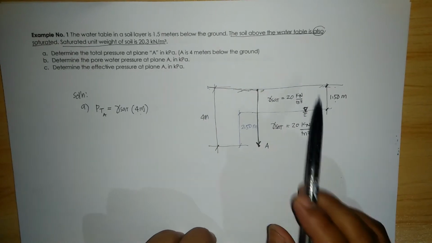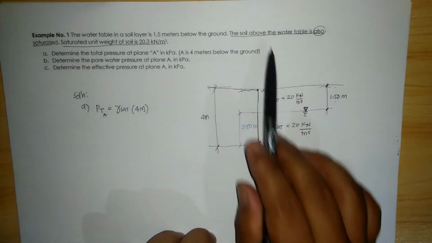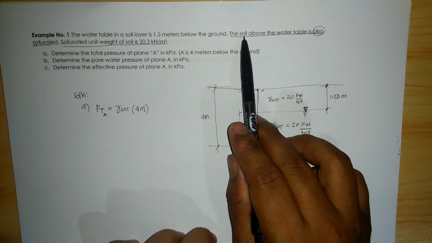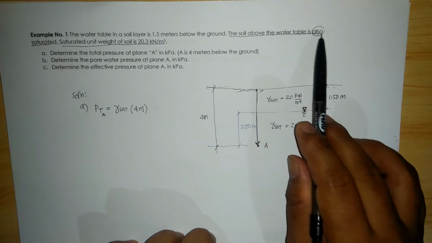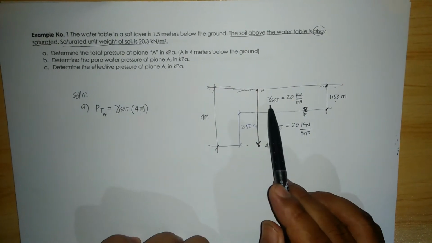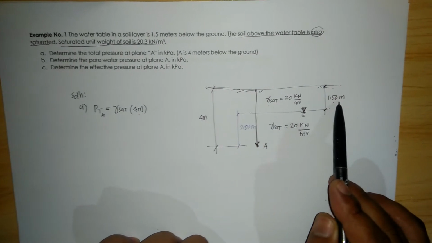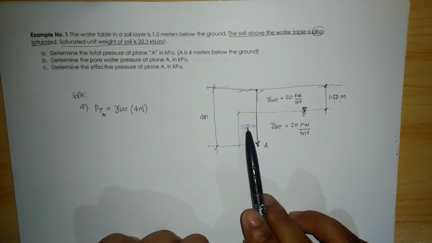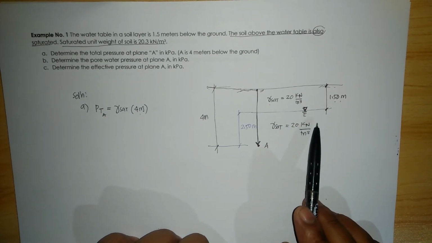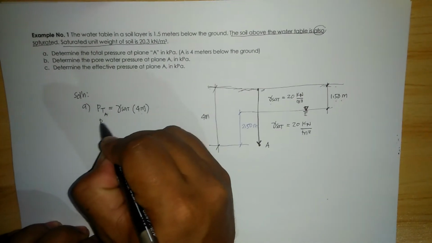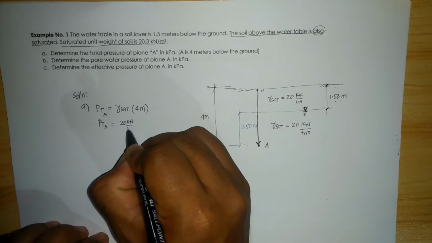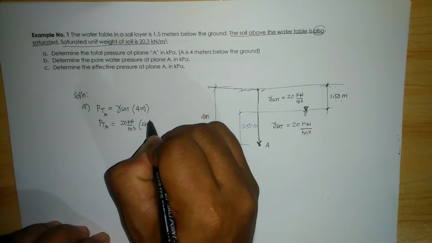Kung sinabi sa problem na meron siyang sariling unit weight, hindi siya saturated o moist lang siya, ang total stress natin would be gamma moist times 1.5 plus gamma sat times 2.5. Nagkataon kasi they have the same unit weight of soil.